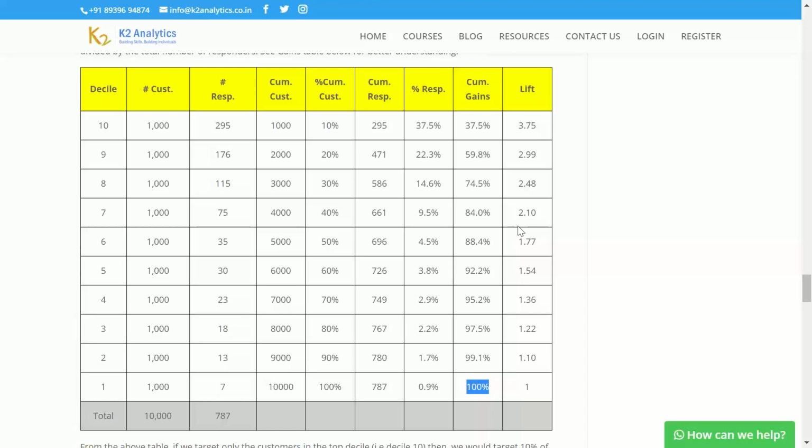You will have lift only when you target a small segment of the population where you have very high response. And if you target the entire population which is at your disposal for marketing purposes, and that is the philosophy, to go ahead and target anyone and everyone, then you really do not require a model.